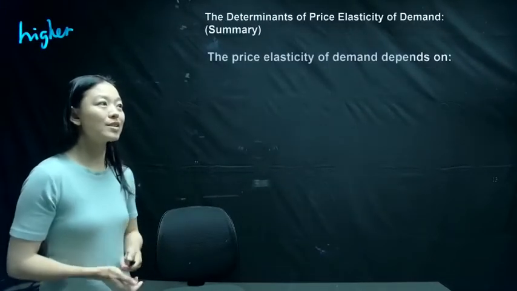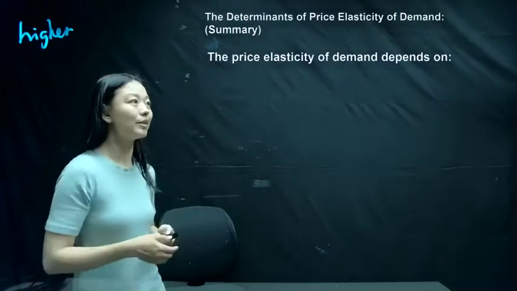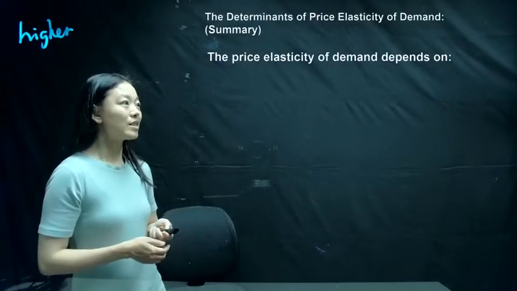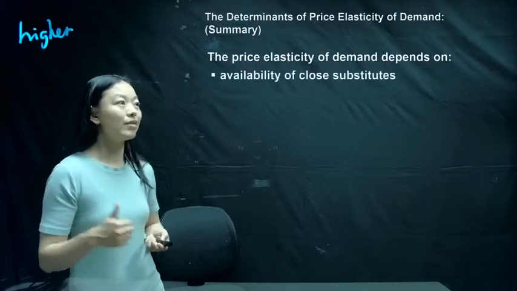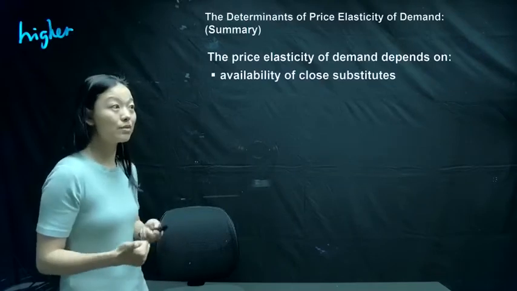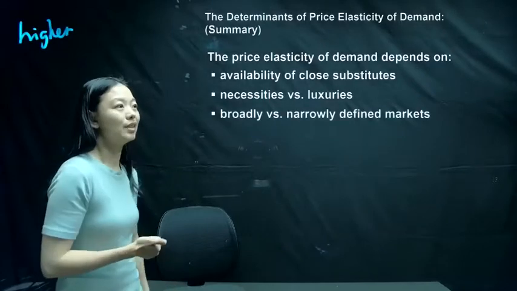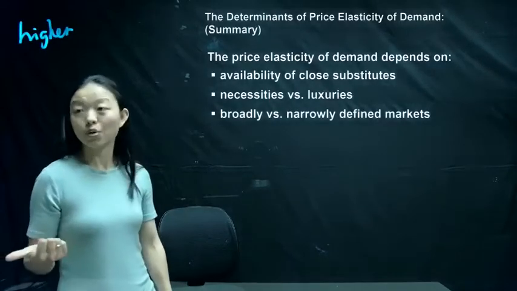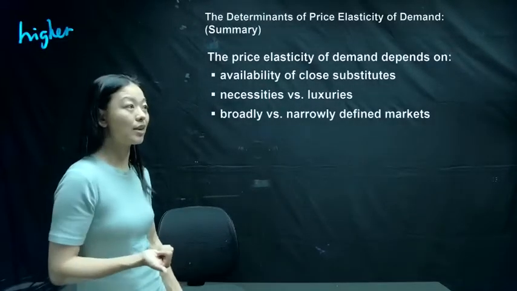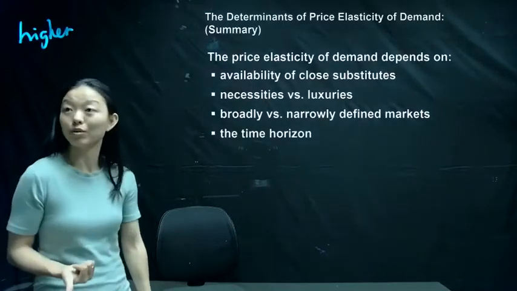So let's summarize a little bit here. The price elasticity of demand depends on the availability of close substitutes, necessities versus luxuries, broadly defined products or narrowly defined products, and then the last one is the time horizon.